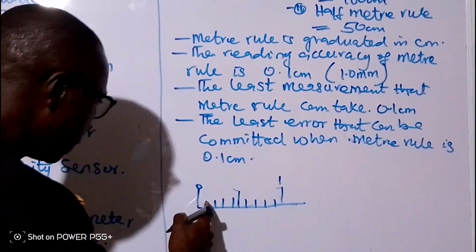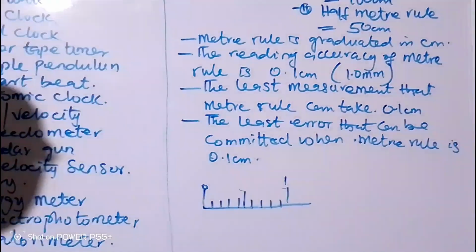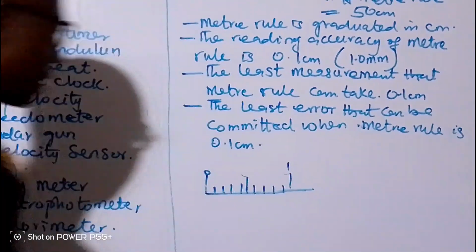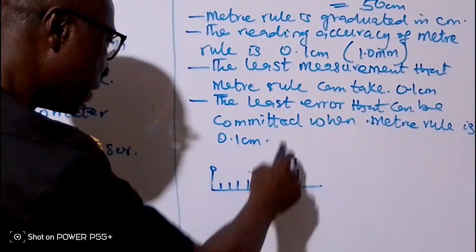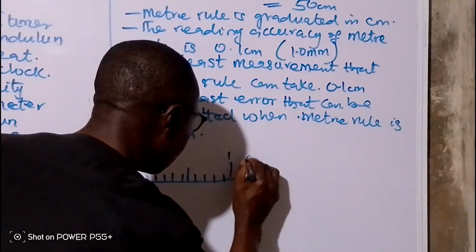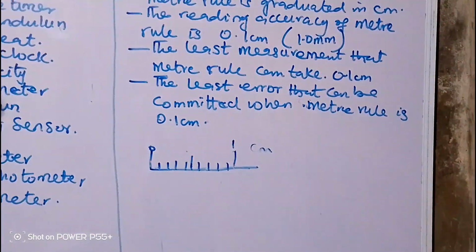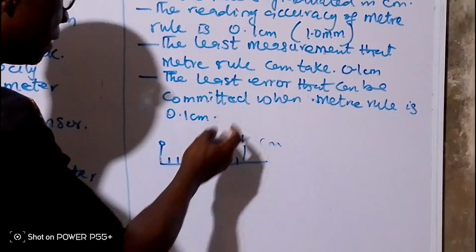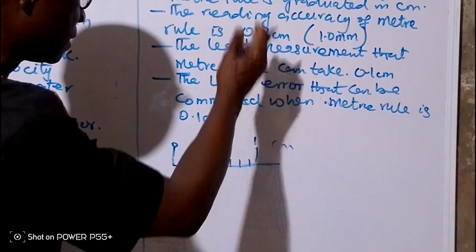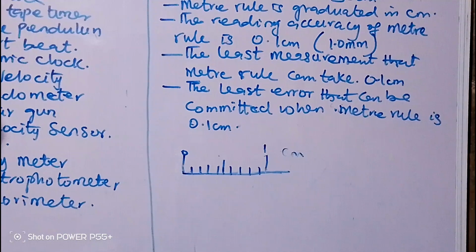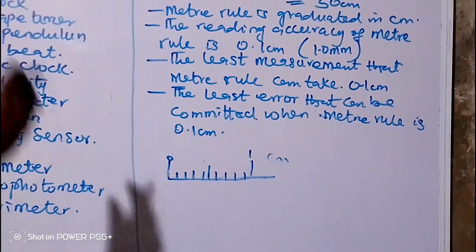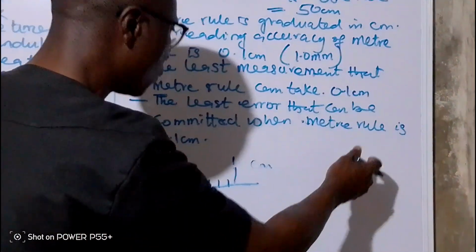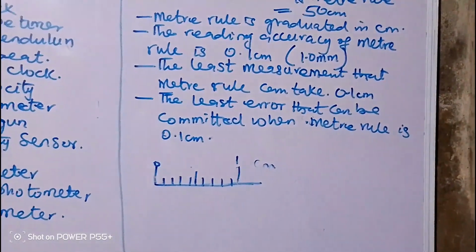In between 0 and 1, there are 10 spaces. Each space will be 0.1 centimeter. 0.1 centimeter multiplied by 10 will give us 1. Continue like that up to 2, up to 3, depending on what we want to measure.